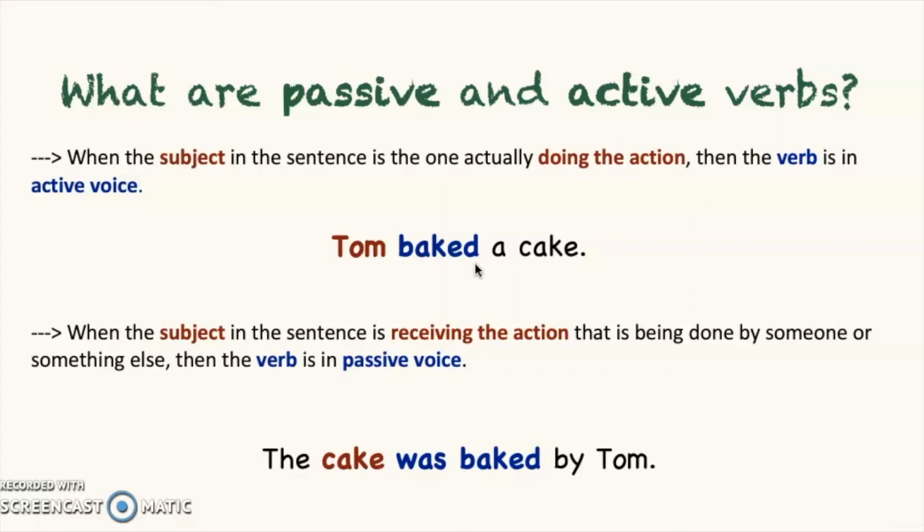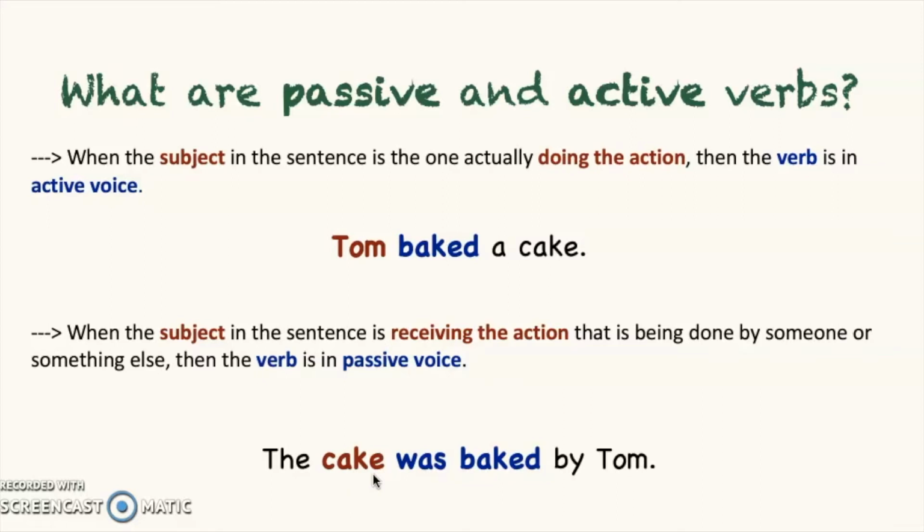So what makes this different from passive? When the subject in the sentence is receiving the action that is being done by someone or something else, then the verb is in passive voice. The cake was baked by Tom. So here we have cake is now the subject.